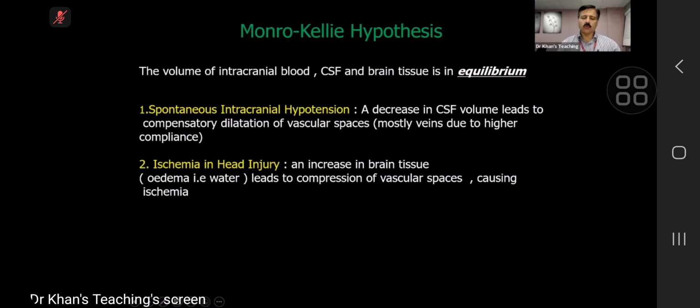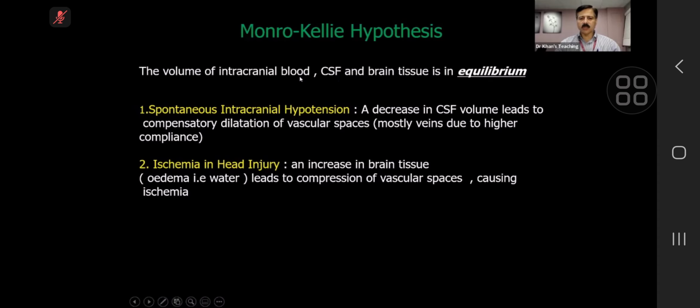The concept is that the intracranial cavity is a closed space. There is the skull, and within that skull are three things. First is brain tissue, which is basically made up of water. Then there is CSF. And then there is blood, which is within intracranial vessels, be it arteries or veins.